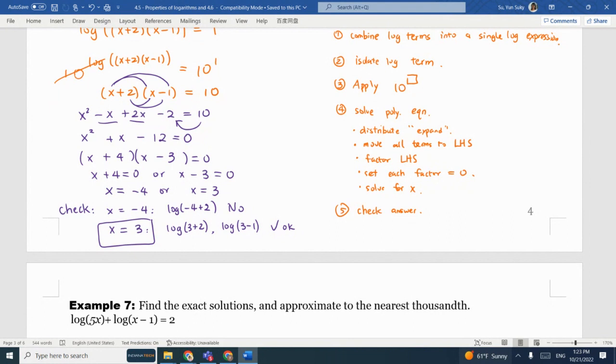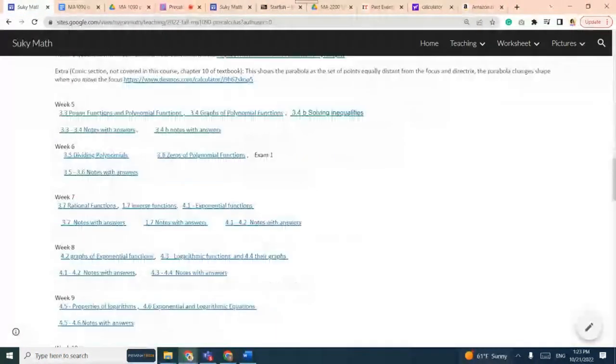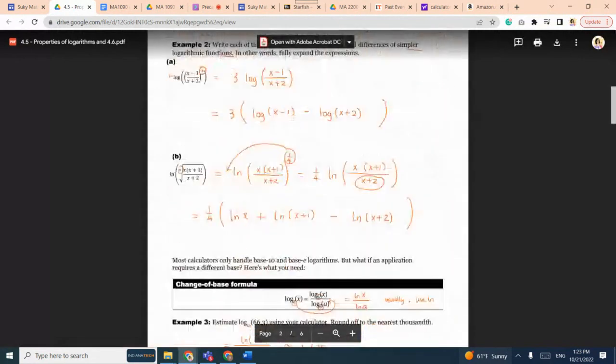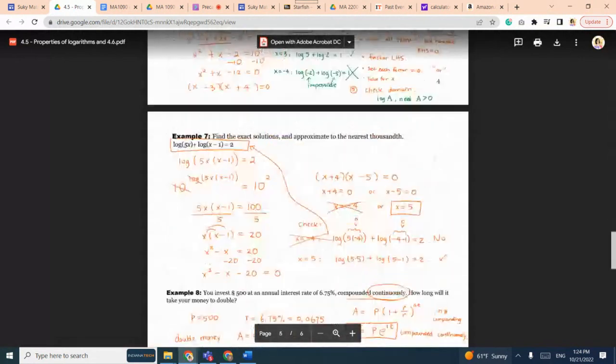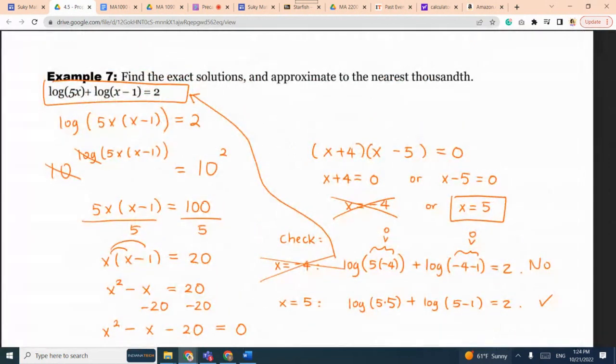All right. So let's check our answers. Let me click this note with answers. So here, Step 1: we combine the logs into a single log, right?